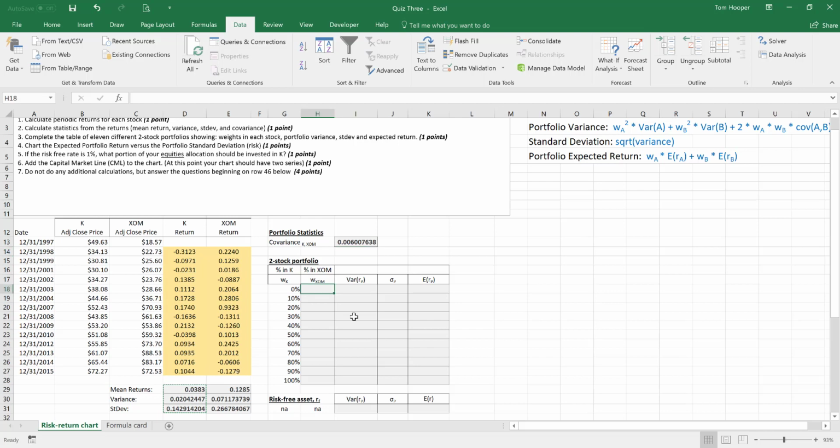Step 3 is to complete the table. A few of you actually typed in values in column H, but it's always better to use a formula when we can.